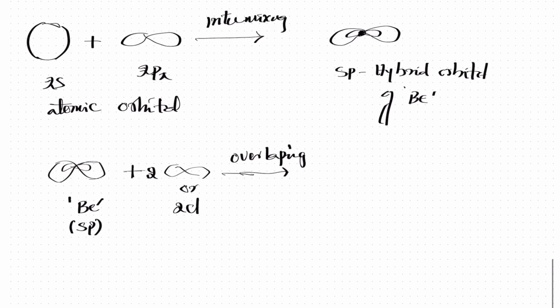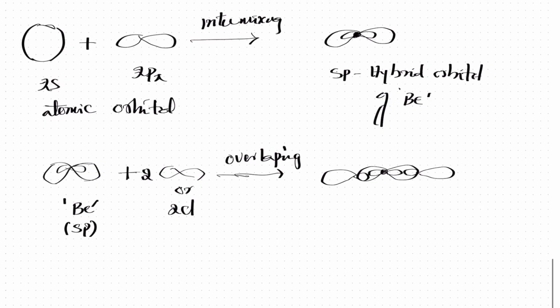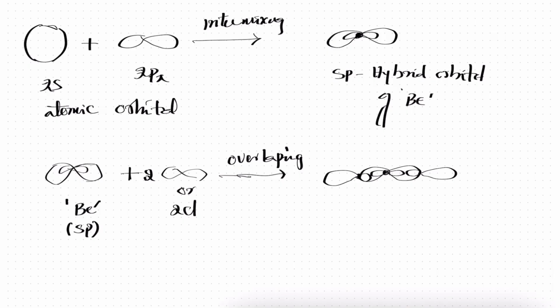What happens, friends? Now we get this orbital, the same as it is, a hybrid. Now the p orbital of chlorine is on one side, another on the other side. Like this you can see overlapping taking place. This overlapping is very important.